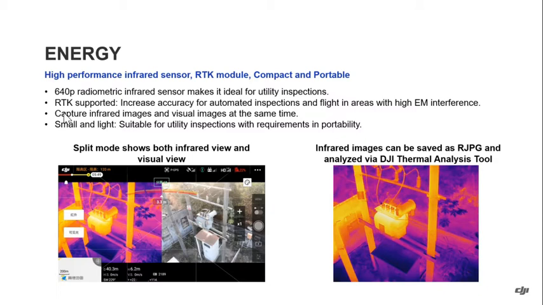If you have had the experience, you may remember that when we were promoting the Matrice 300 RTK or even the older Matrice 210 RTK to clients in the power line grid field, we always mentioned that based on the RTK module, we could achieve a higher level of accuracy when doing automatic inspection in complex environments strongly influenced by electromagnetic interference.